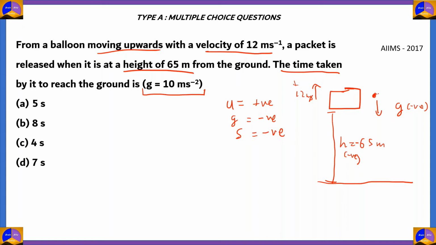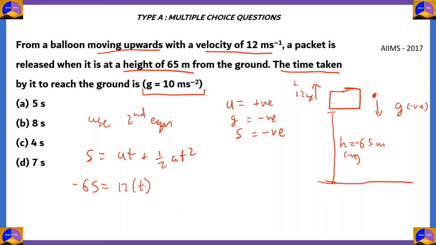So we've dropped this object from a balloon to the ground. We need to find the time taken by it to reach the ground. So the time taken by it to travel minus 65 meters. So we use the second equation of motion. This is s is equal to ut plus half at squared. The value of s, which is equal to vertical distance, that is height, will be equal to minus 65. And the value of u, which will be positive, is 12.